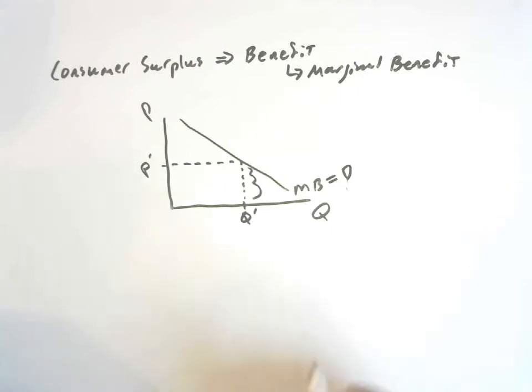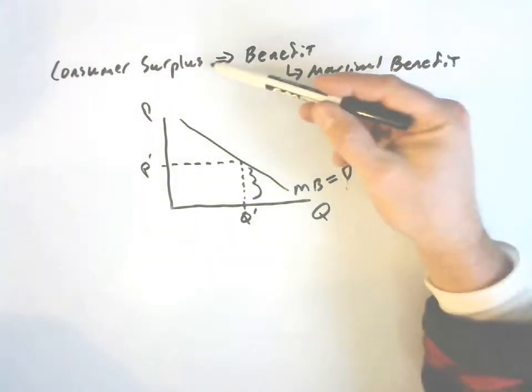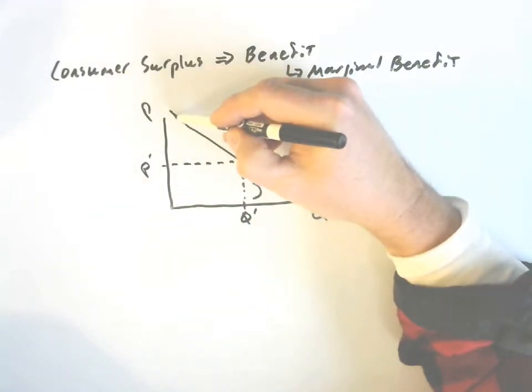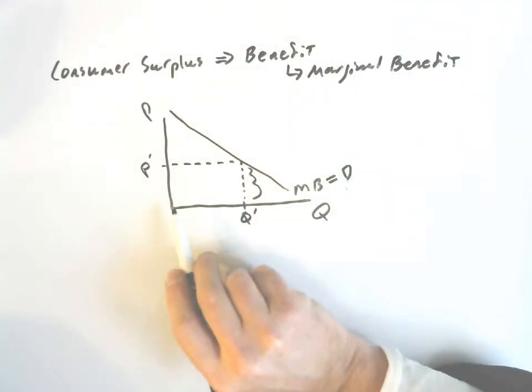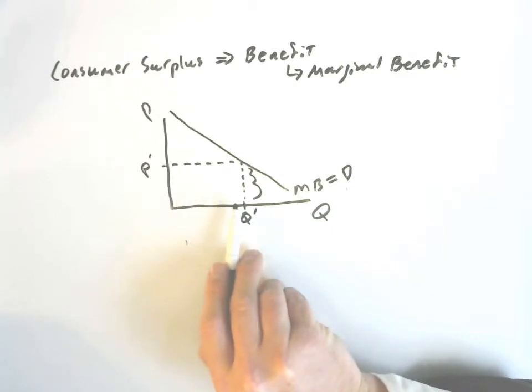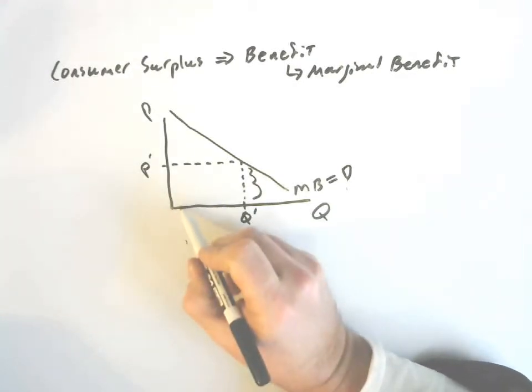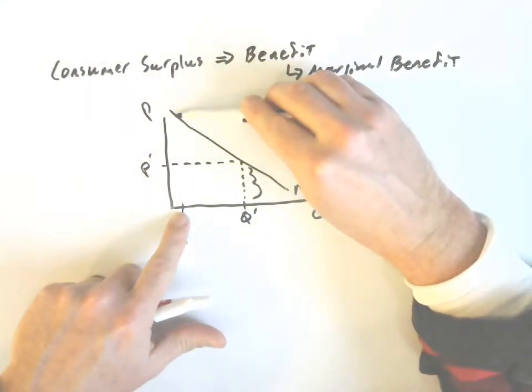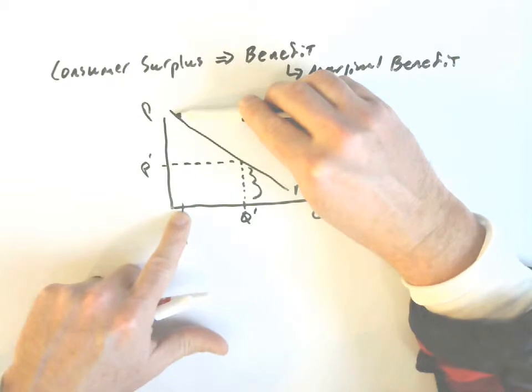Now, what is consumer surplus then? Well, if we imagine that at every unit I get a certain level of benefit. In other words, at the first unit, the amount of benefit I get from it is equal to the distance from the horizontal axis up to the marginal benefit curve.